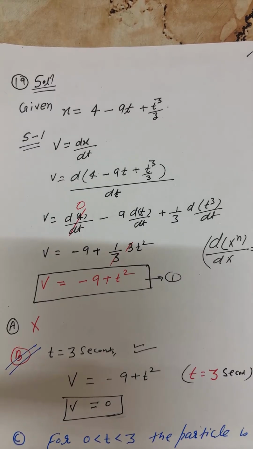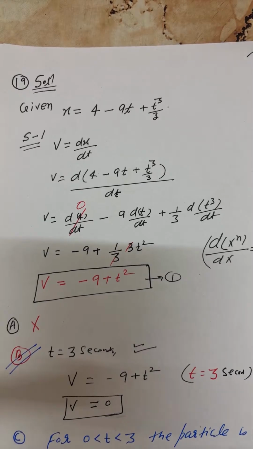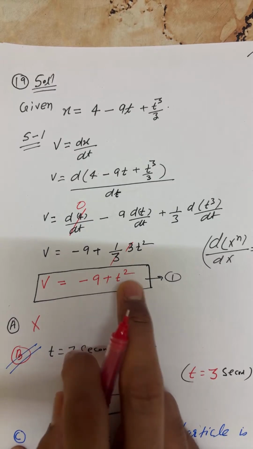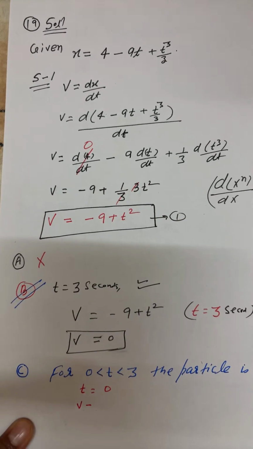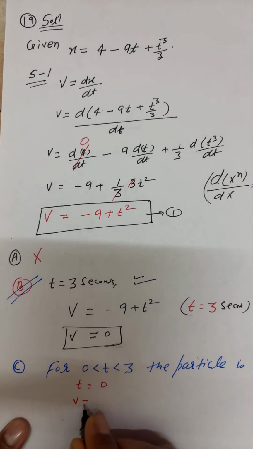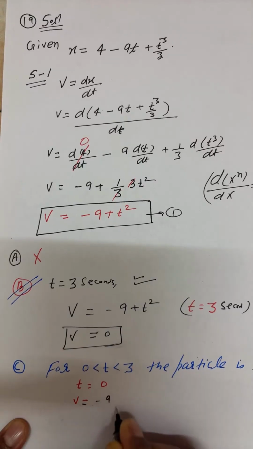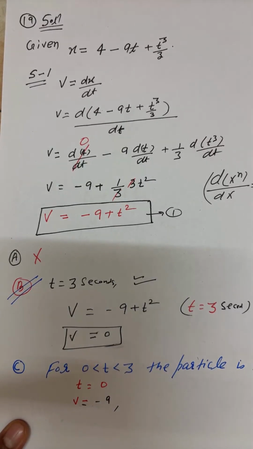Kids, this is not a tough question, it is a logical question. Let us suppose in equation 1, first I put t equals 0. So velocity equals minus 9, right?